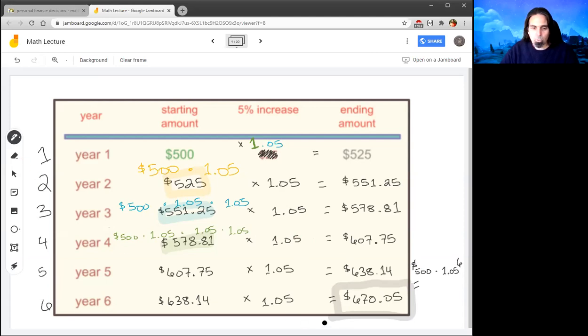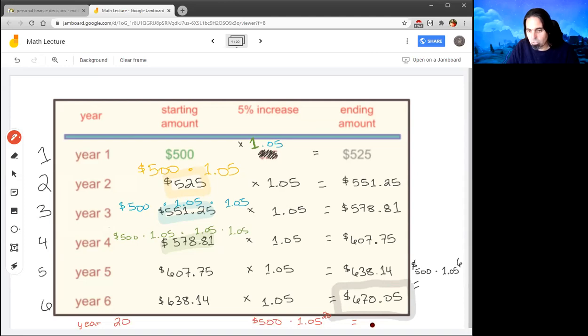And now that we have a formula, we could do this as much as we want. What if there was year 20? Then we'd say 500 times 1.05 to the 20, and whatever that is. So, $1,326.65.